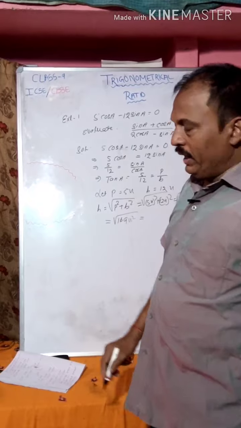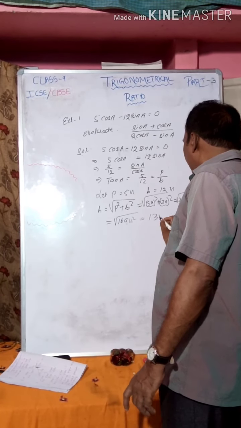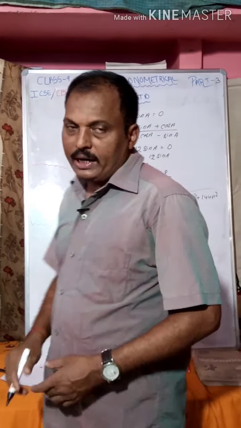The square root of 169 is 13, so H is equal to 13x.